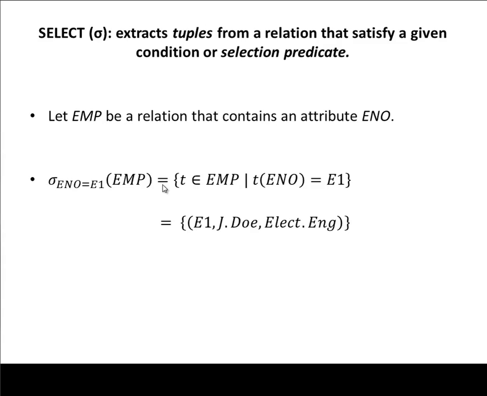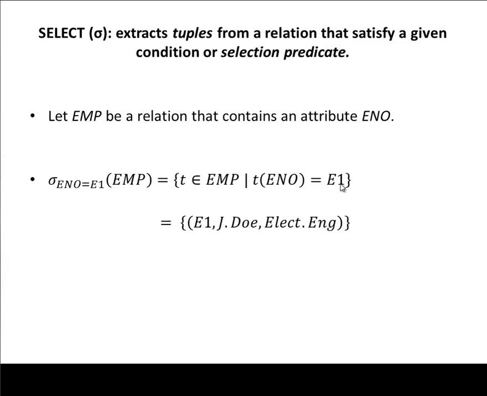We're taking elements out of that relation, and the element of a relation is called a tuple. We take all tuples such that, as we read this horizontal line, the tuple whose element ENO is equal to E1.